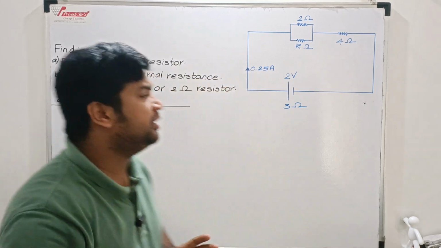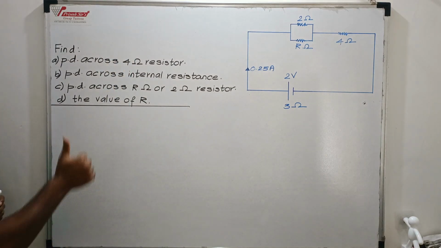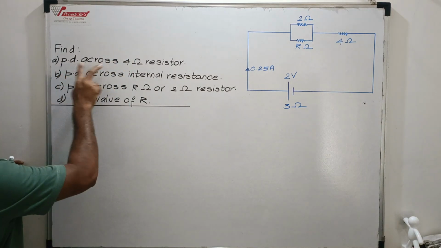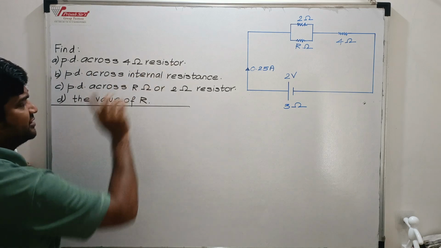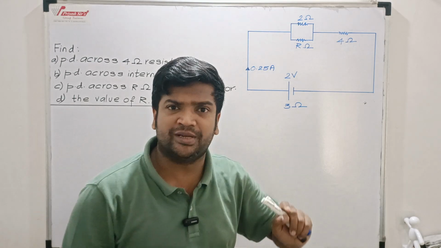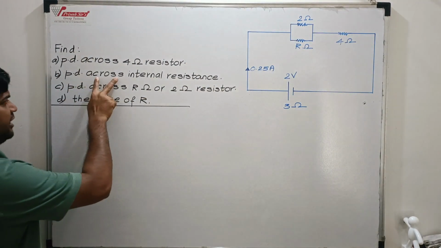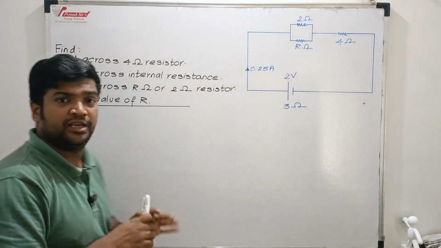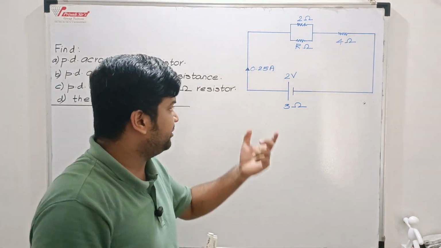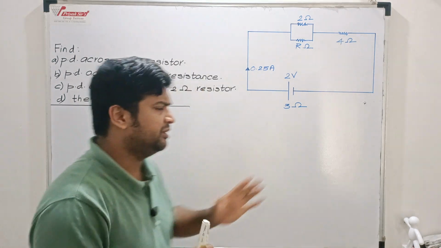Now let us find out what we have to find out in this. First is potential difference across the 4 ohm resistor. Okay. So they want to find the voltage in the 4 ohm resistor. Fine. Second one, potential difference across internal resistance. So they want us to find the potential difference across the internal resistance of 3 ohm. Fine.